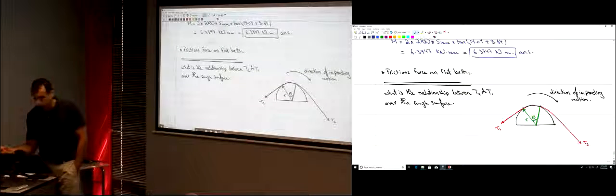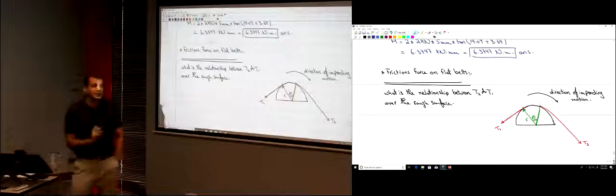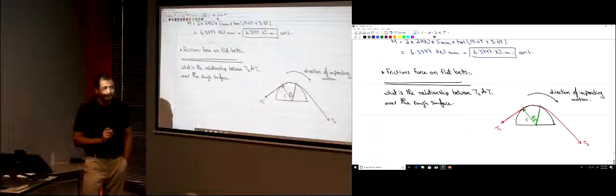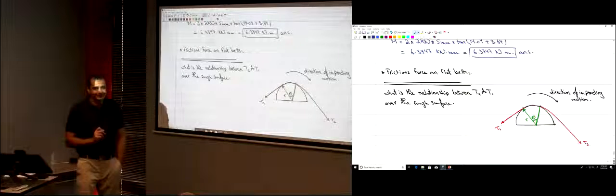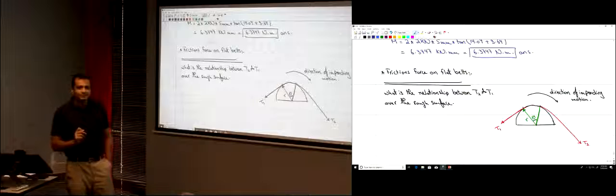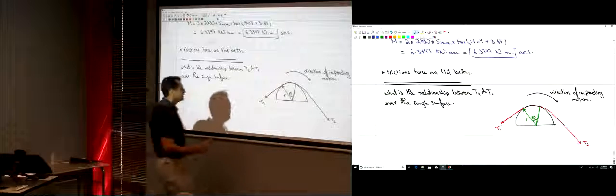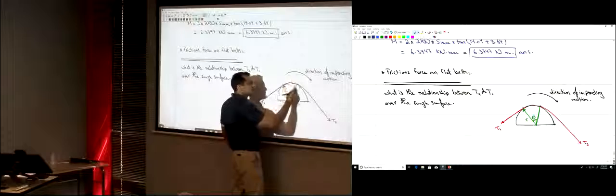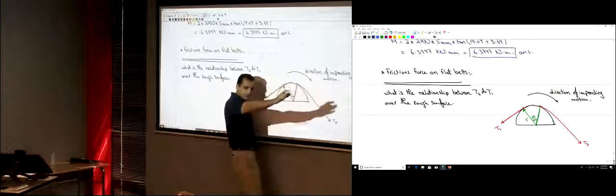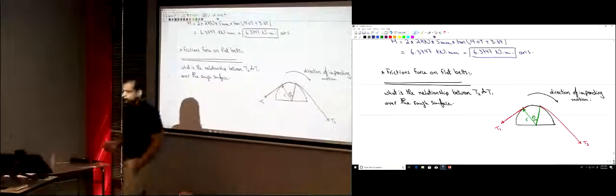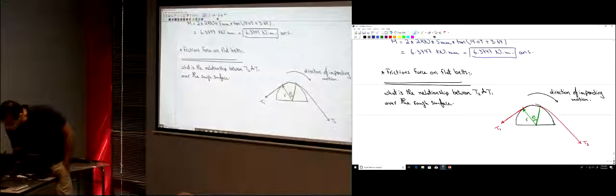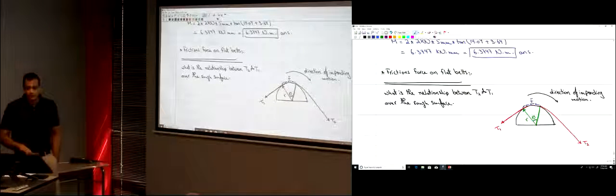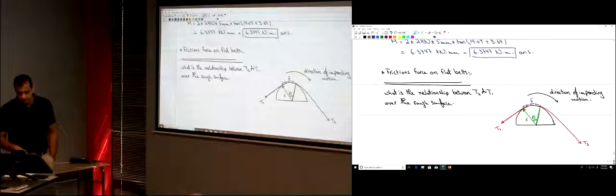From here to here, there is a frictional force. What's the direction of the frictional force? It's perpendicular. You have a normal force perpendicular to the surface. As you see, the surface is not straight. It's curved. So that means here, the frictional force is always tangential to this surface. This is the frictional force. You agree with this? Okay?